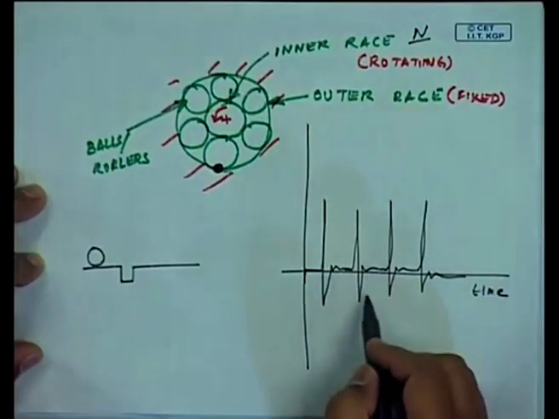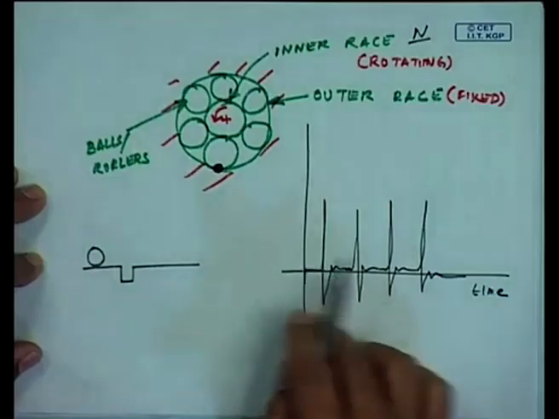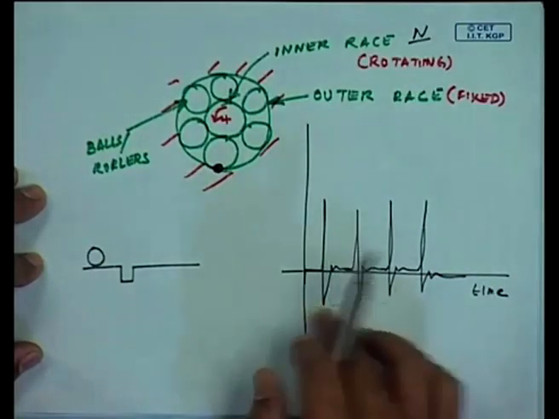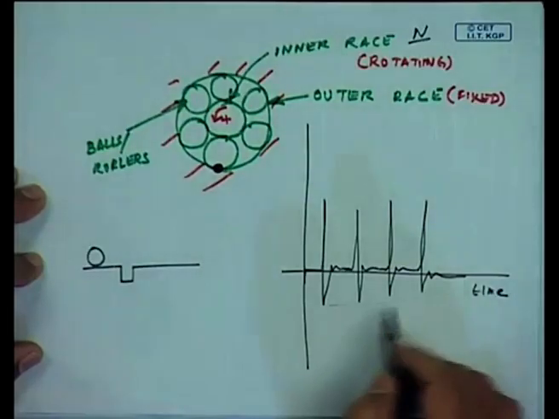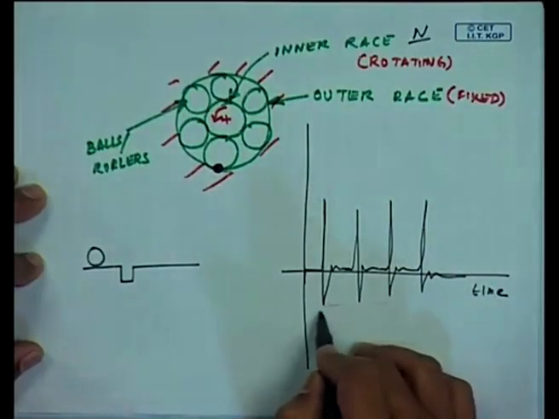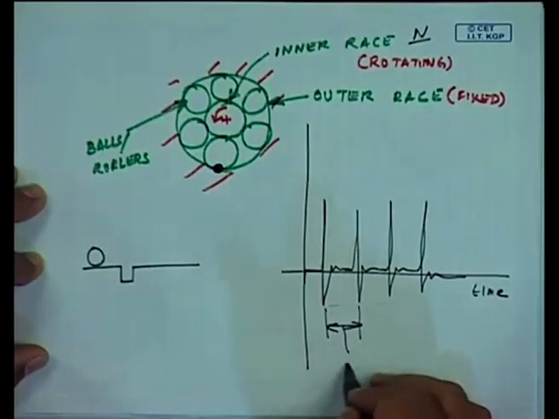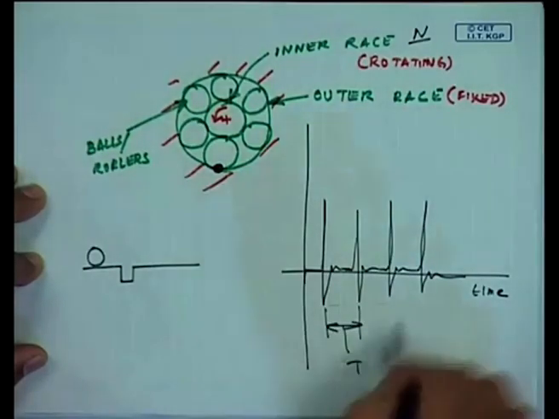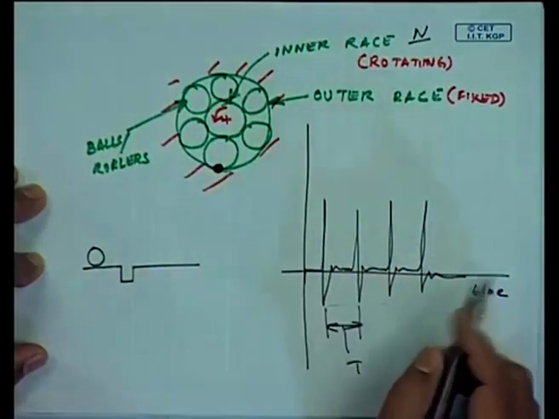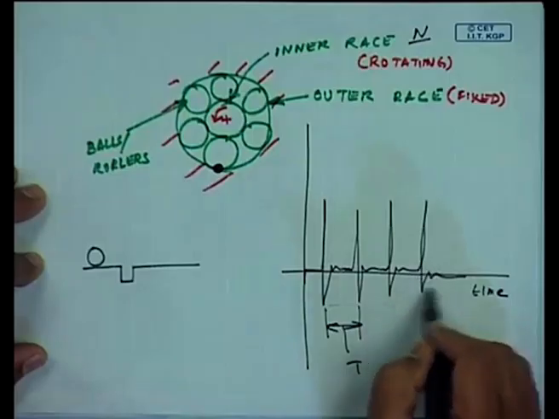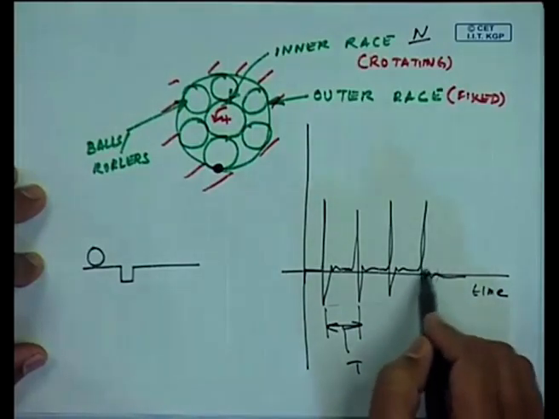As many times as the balls hit this defect, I will get a continuous pulse of impacts. The frequency of the impact is the inverse of this time period, and that relates to the speed at which the balls are going over the defect.